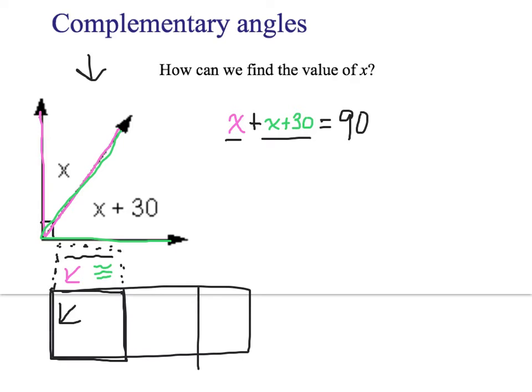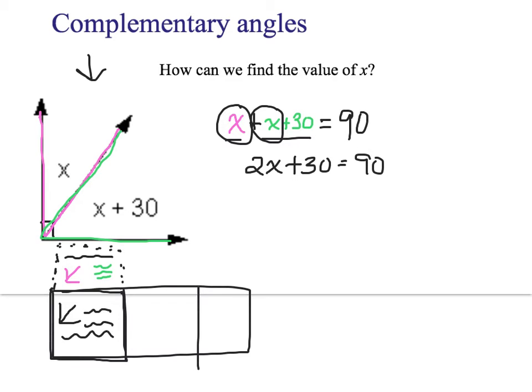From here, I can actually combine like terms. I have 2 x's, so they're the same variable, so I can combine them. So my equation becomes 2x, I combined this x and this x, plus 30 equals 90. So now I just have a 2-step equation to solve for X. Make sure as I'm solving this problem that you are solving it in this bottom tab right here.